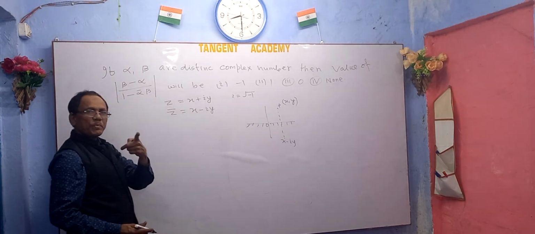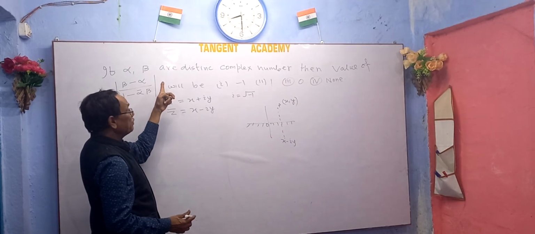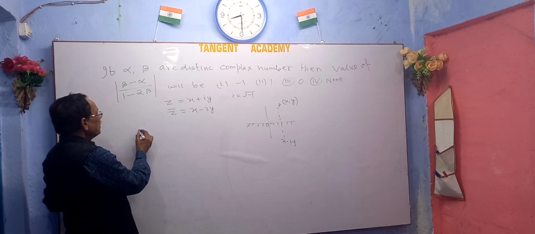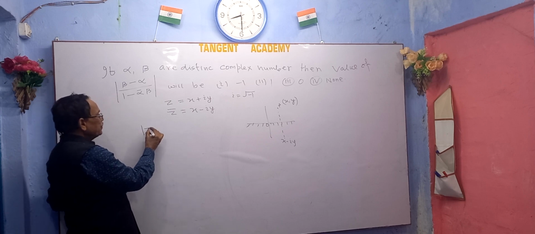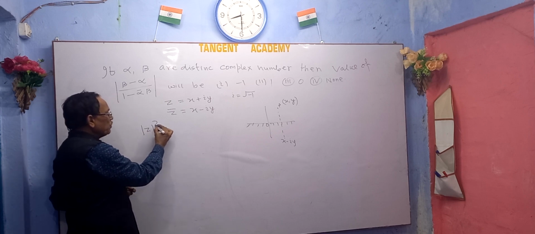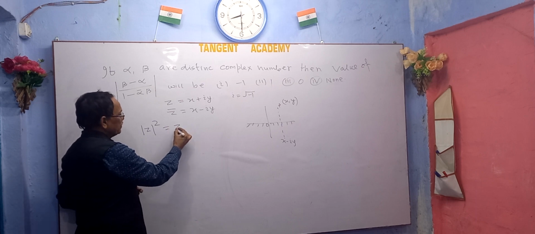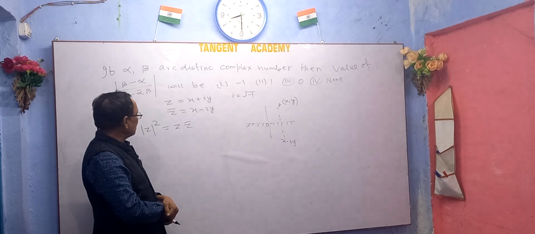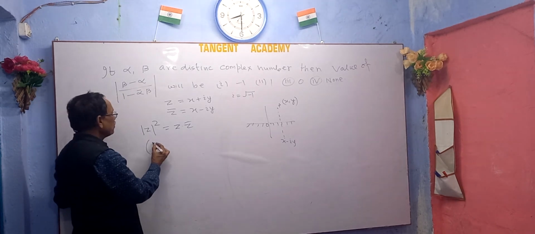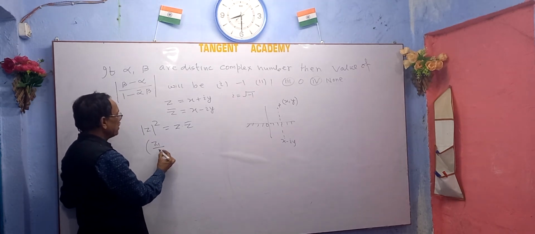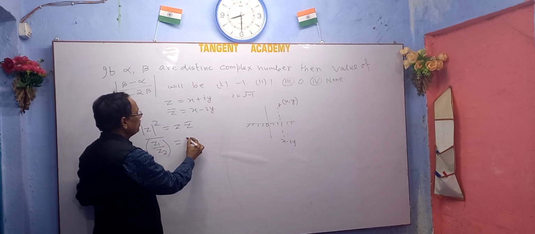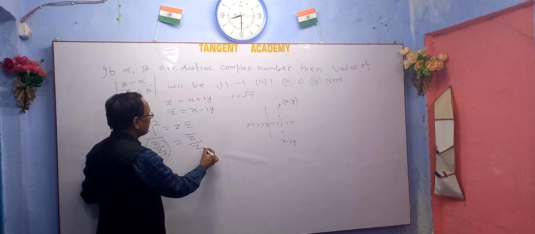Let us take some properties which will be useful to solve this problem. The absolute value of z squared is z into z bar. This is a very important property. Also, the conjugate of the quotient of two complex numbers, z1 by z2 whole bar, is equal to z1 bar divided by z2 bar.